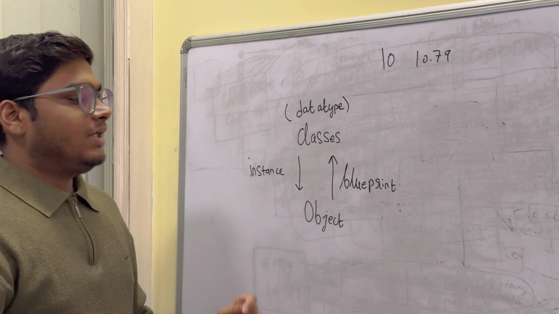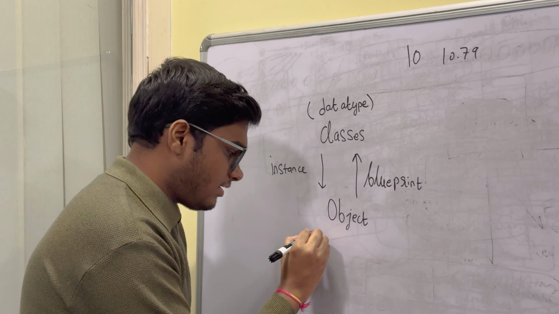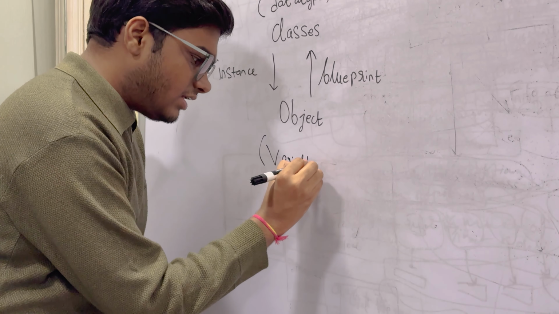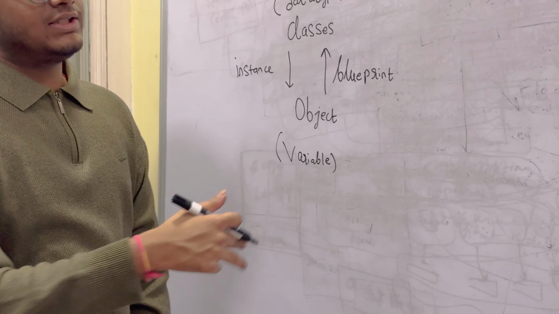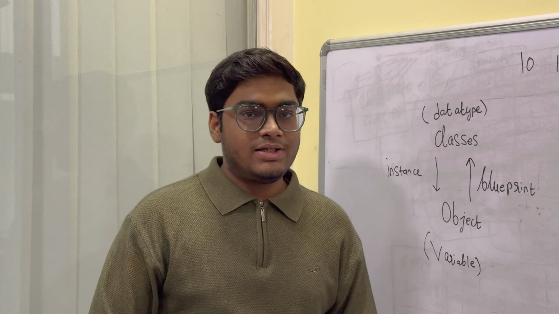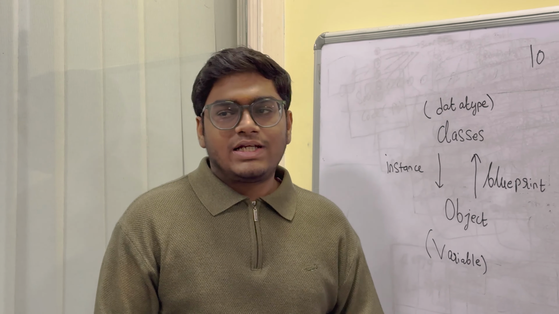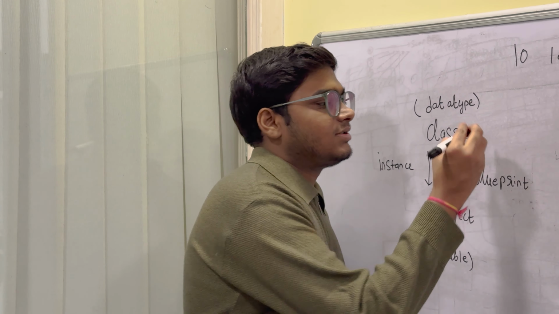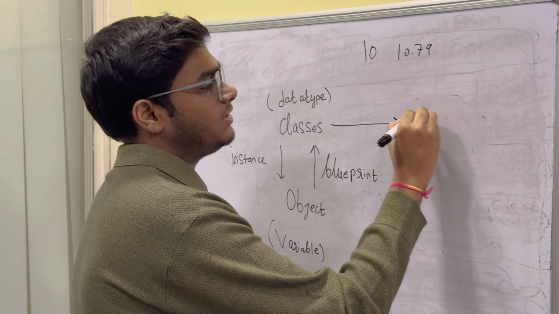Data type. Now what should the object be? Variable. Simple. Now what is a variable? I'm sure you know. a = 79. a is the named memory location. That's the variable. The type of the data which is being stored, data type. Now numeric class. So numeric class comes here.